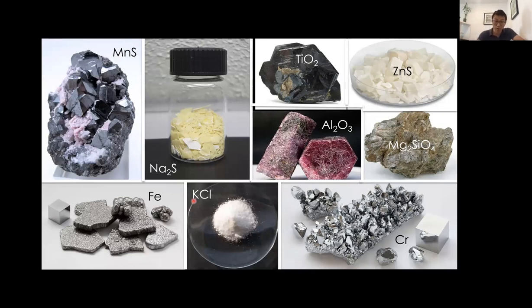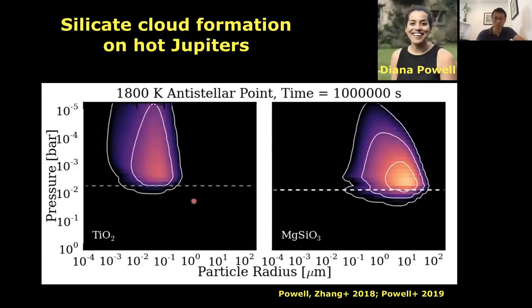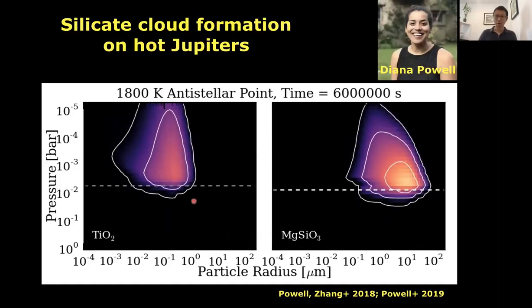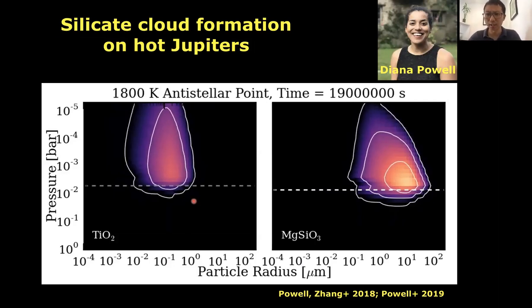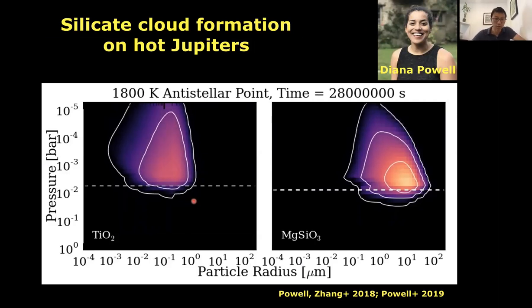And so we created one of the first microphysical models, by my student Diana Powell, who just graduated this year and is a postdoc at Harvard, and she's going to be assistant professor at the University of Chicago two years later.